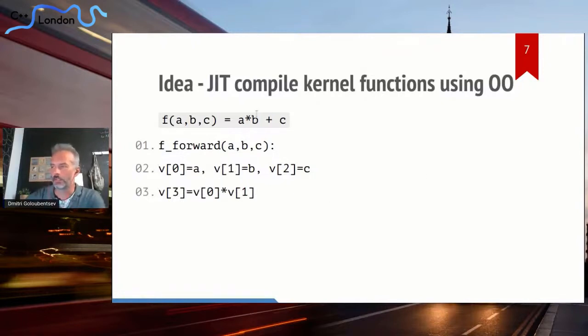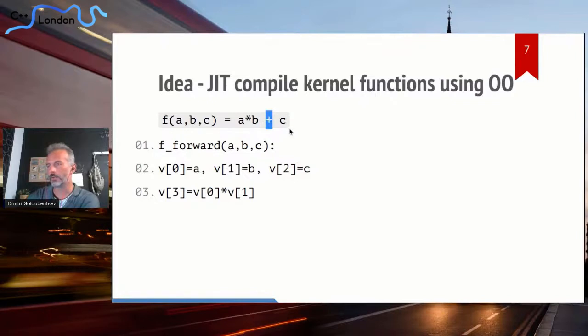What happens next is that the operator star, we changed its behavior. It doesn't only compute a times b, that's not that interesting. What it actually does in addition is write line number 3 into our newly compiled JIT function. So we allocate index 3 for the intermediate result, we compute the multiplication, and this is the work of operator star.